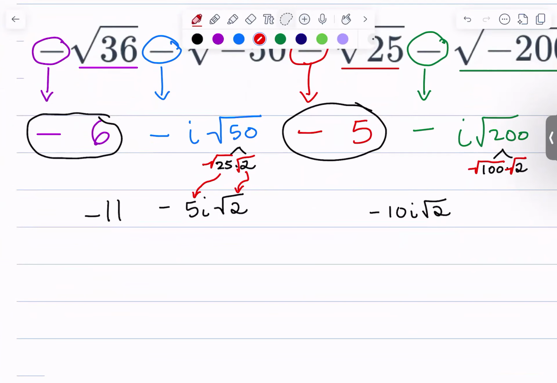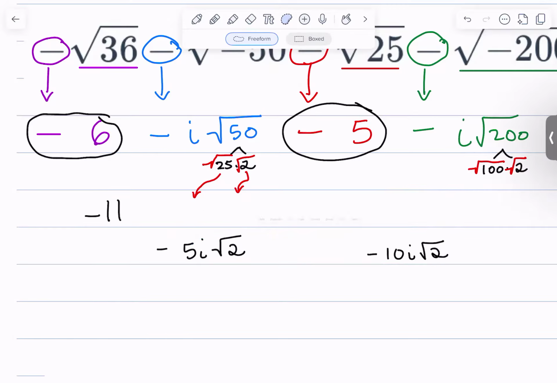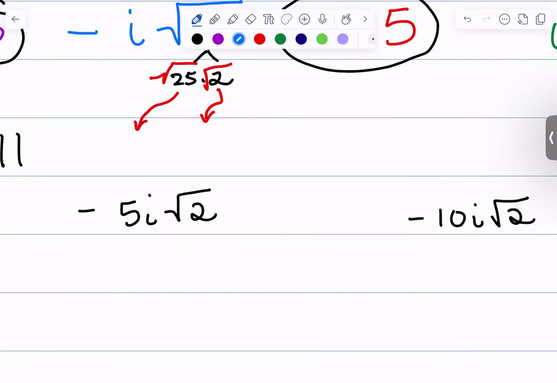And these two terms here, I'm going to try and get it without the arrows. Those two terms there are like terms because they have the i's and they have the same square root of 2. Okay?